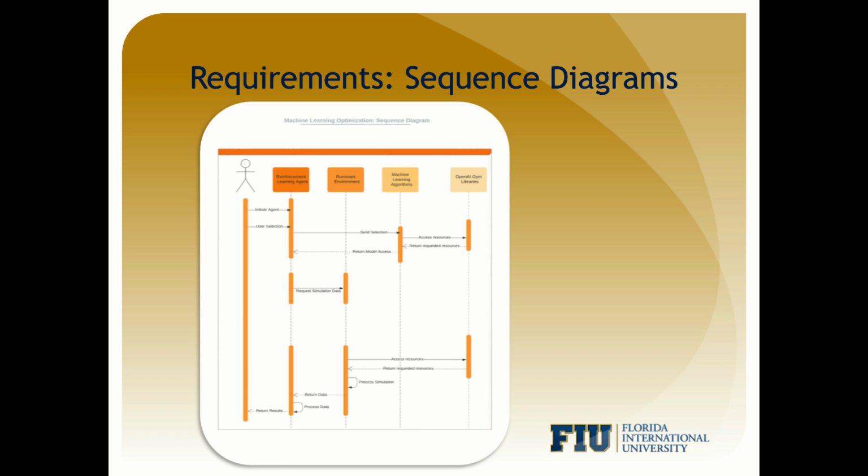The requested resources, the requested model, get returned back to the reinforcement learning agent, which then populates the agent. At this point, you can actually even stop if you wanted to. It's not necessarily a continuous project. You can stop here with a baseline agent that knows nothing, but is a baseline from which you can learn based on certain parameters.